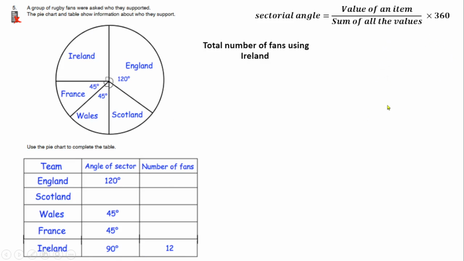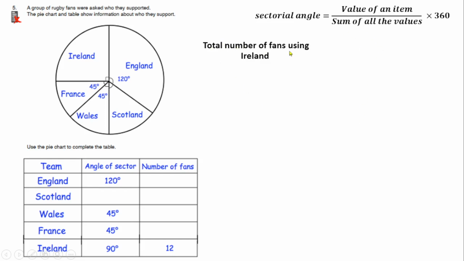And how do we do that? Since we already know the sectorial angle for Ireland, which is 90, and we know the number of fans in Ireland, which is 12, we can use that to find the sum of the values for all the fans, times 360. So we can use this information to get the total number of fans.